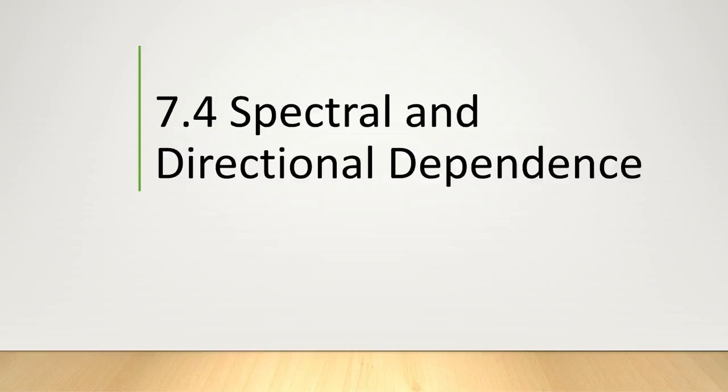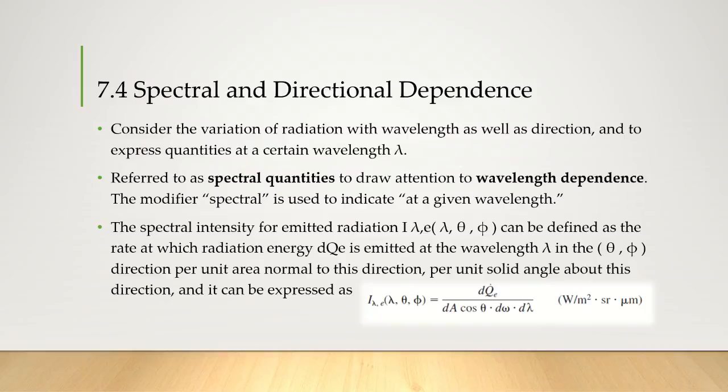For subtopic 7.4, sometimes it is necessary to consider the variation of radiation with wavelength as well as direction, and to express quantities at a certain wavelength. Such quantities are referred to as spectral quantities to draw attention to wavelength dependence.